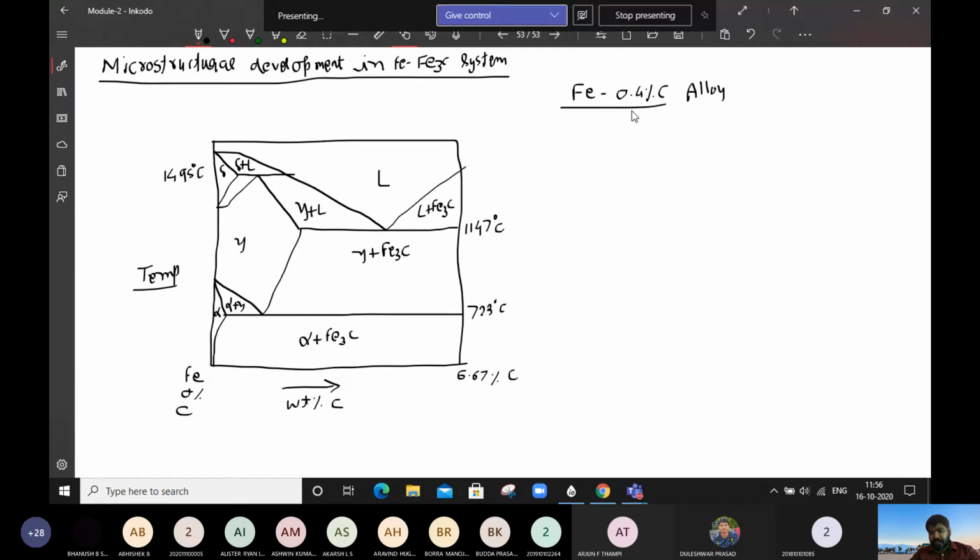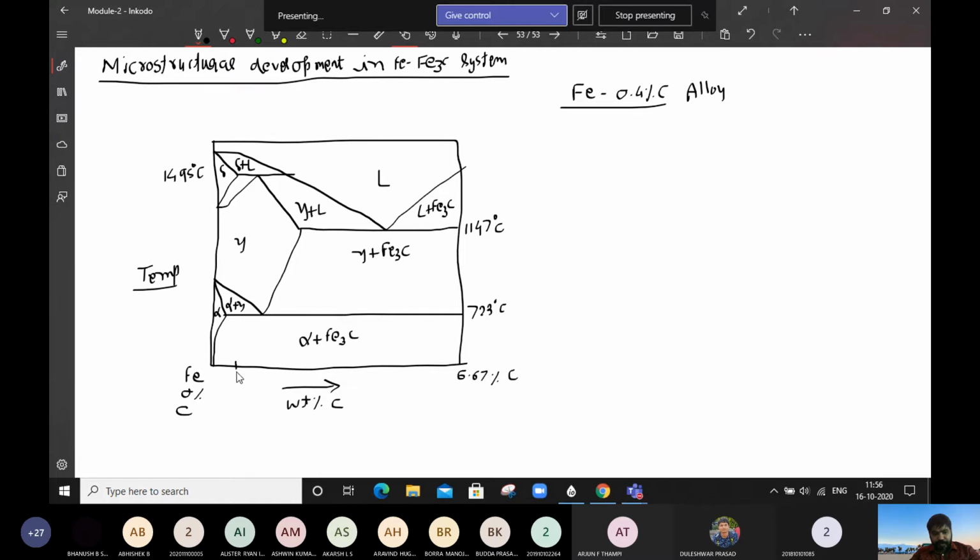Now I ask you to heat this alloy to the single phase region. First you are supposed to locate this point in the iron carbon diagram. You know that this is 0.8, so 0.4 lies in between these two points.